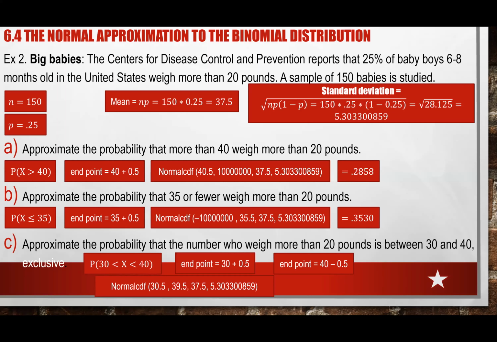Will it all be normal CDF? Are there any inverse? Unless they ask you for the actual number, then you will have to do the inverse norm. But this one here, they ask you to approximate the probability. I don't think they ask you for inverse norm here, but they can.